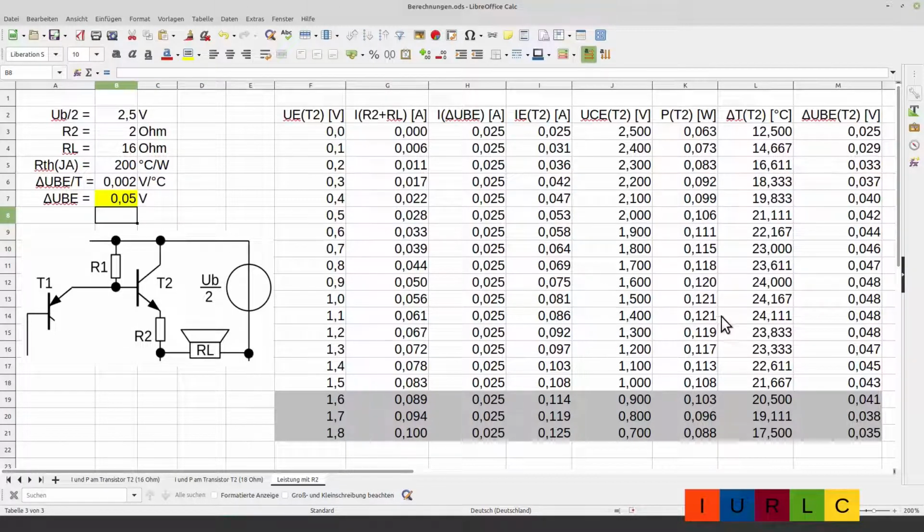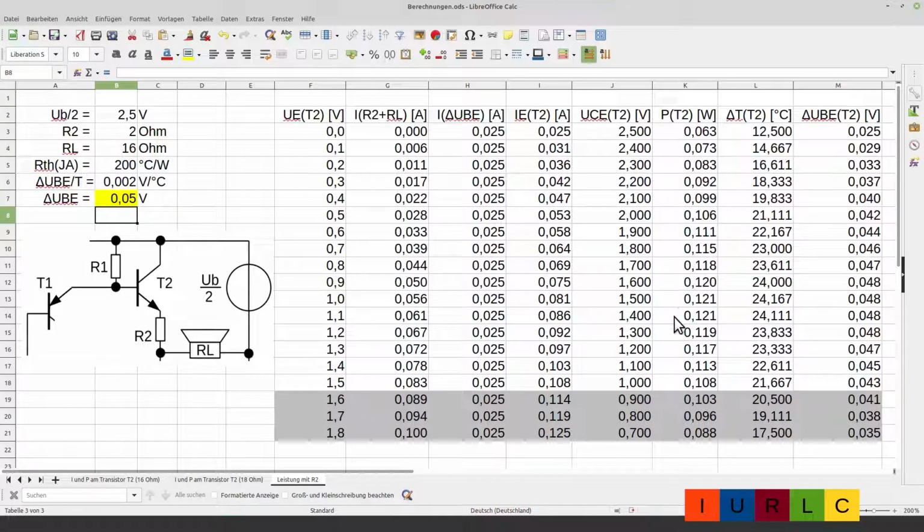Now let's have a look on the temperature. We have a little bit above 24 degrees Celsius. Let us assume 25 degree plus the 40 degree ambient temperature is 65 degree. And with 65 degree we are far below the allowed maximum junction temperature of 150 degree.